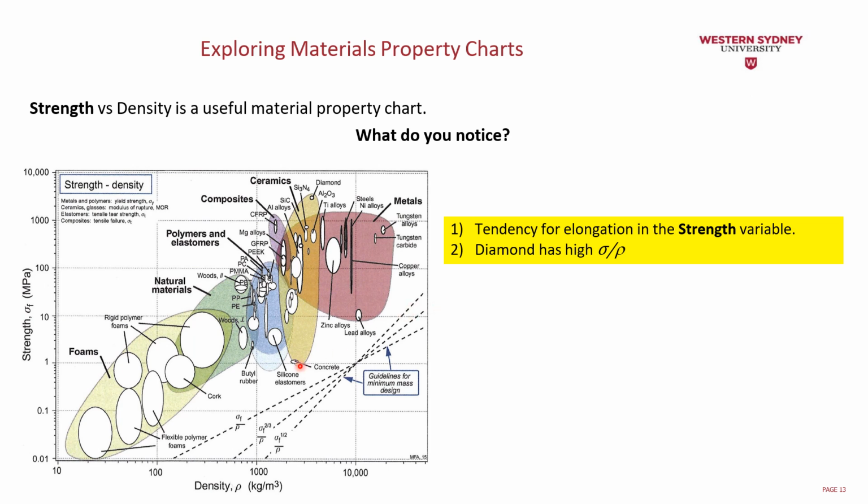The diamond is going to be sitting at the top there, with the highest value for the ratio between the strength and the density.